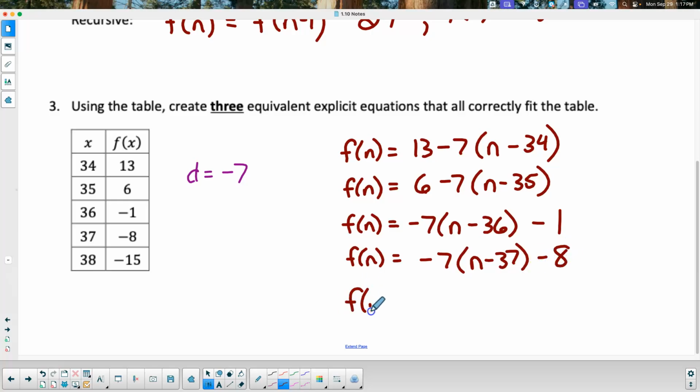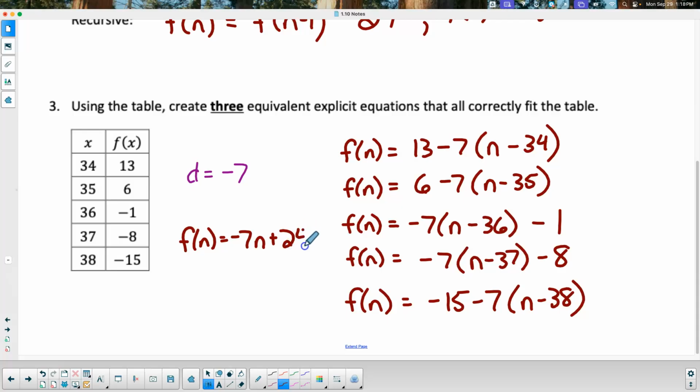And lastly, okay, 8, carry the 2, 238, 200, no, 50, 238 plus 13, 248, 251.